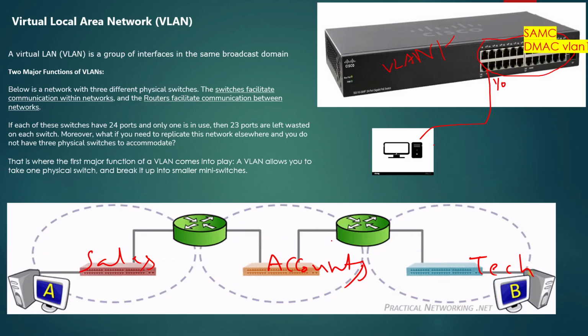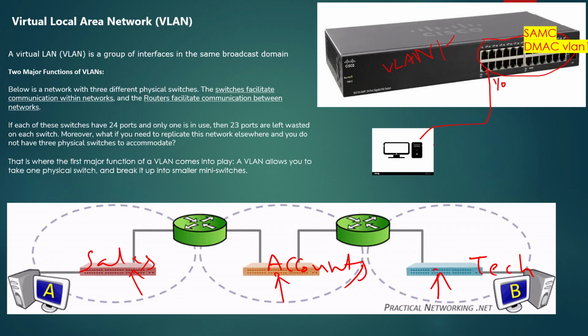There are three different teams. Each team will use its own network, right? Whatever the sales team is using, their portals and all, they have their own network, so they have their own switch. The accounts team also has its own switch, and the technical team has its own switch.